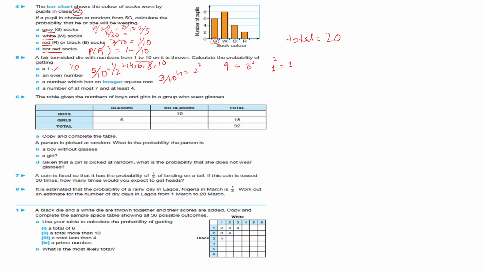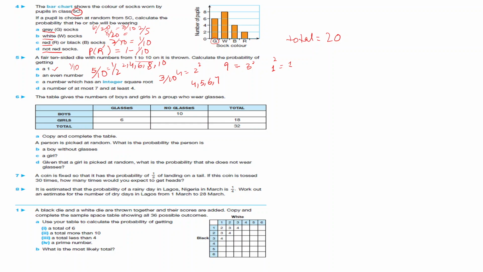And a number that is at most 7 and at least 4. So how many numbers are there which are at most 7 and at least 4? At least 4: 4, 5, 6, 7. So these are the numbers which are at most 7 and at least 4.